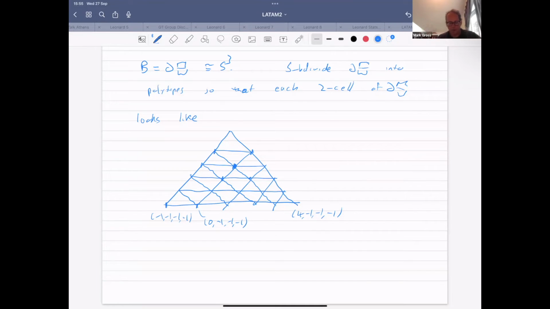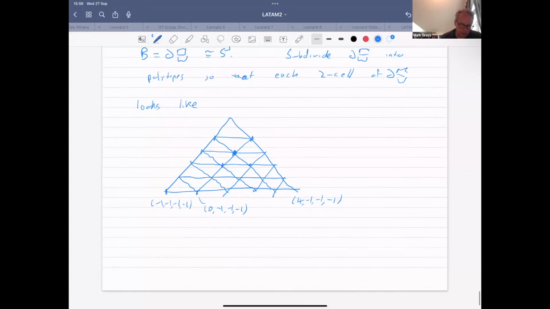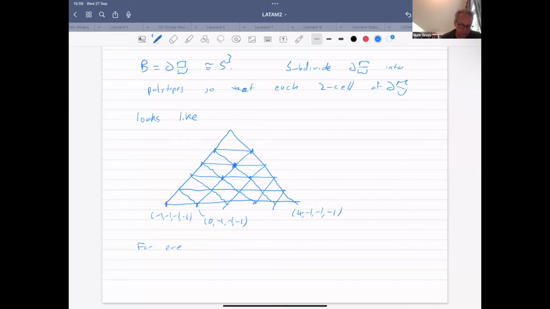So we're going to have a lot of 3 cells and 2 cells and so on. Okay, so for every 3 cell sigma in this subdivision, let U sigma be the interior of sigma. Now, sigma is 3-dimensional sitting inside R4. It spans an affine hyperplane.